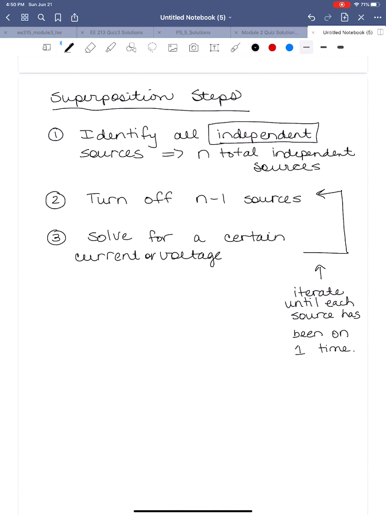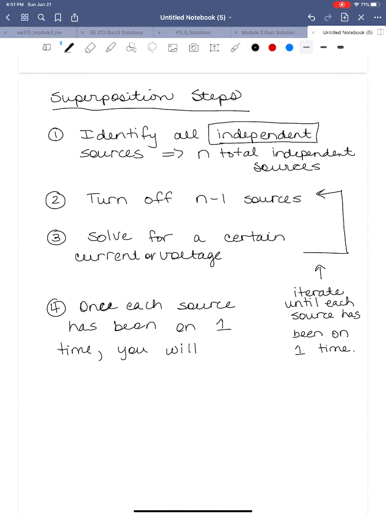And once each source has been on one time, then you will take all of those parts of the voltage or current and you will sum them together.